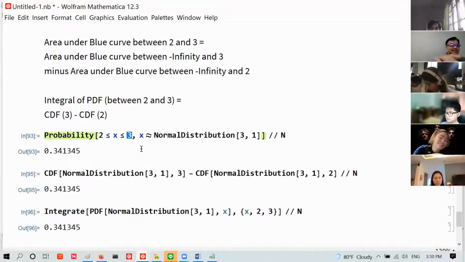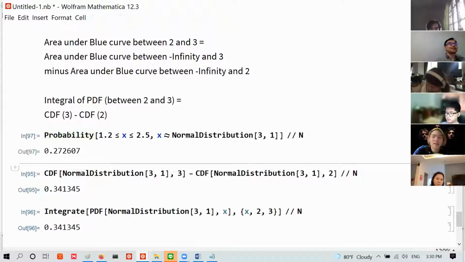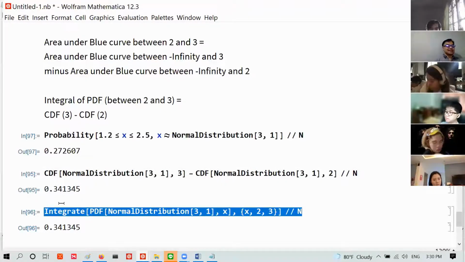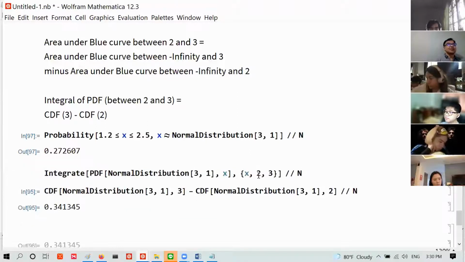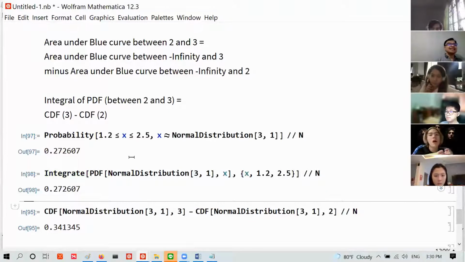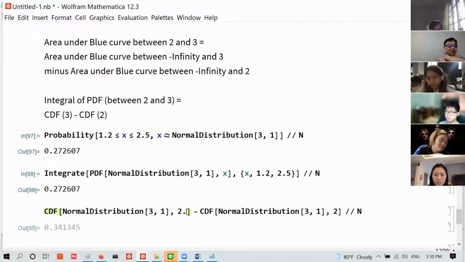Let's make it 2.5, so you don't get fixated with the number 3. Say 1.2 and 2.5. That's the number. That's the same thing as the area under the curve when I integrate from 1.2 to 2.5. And that's the same thing as the CDF at 2.5 minus the CDF at 1.2.